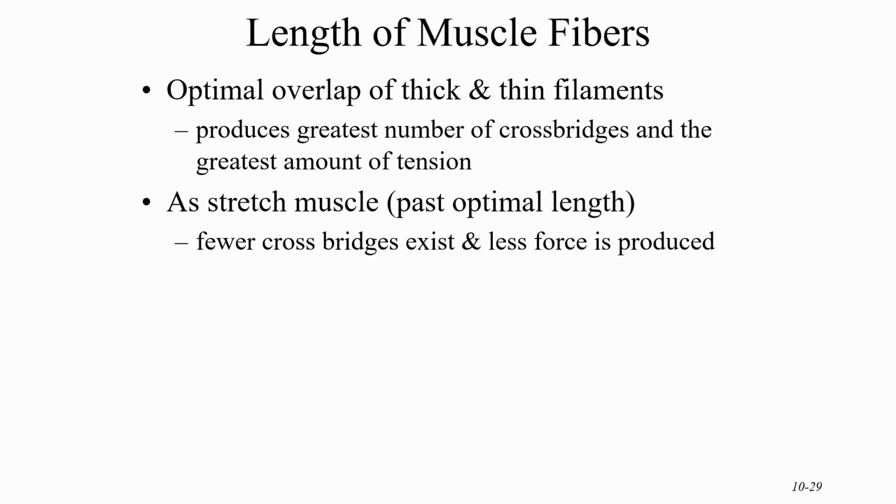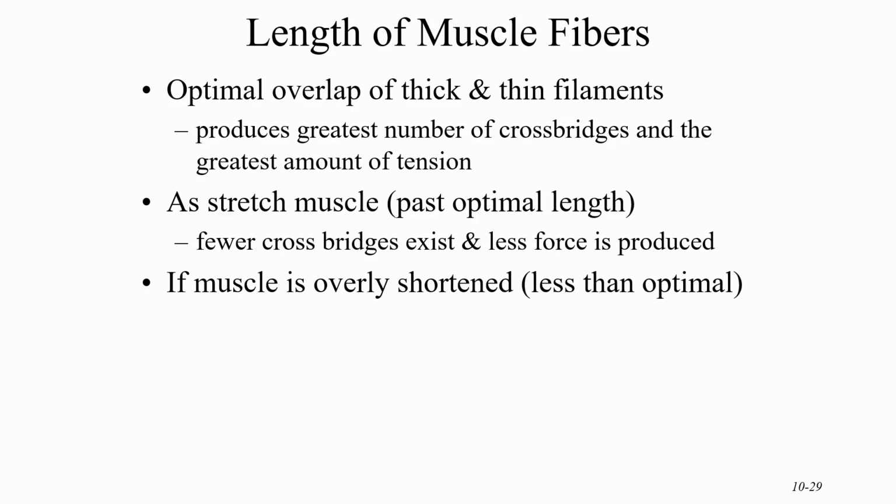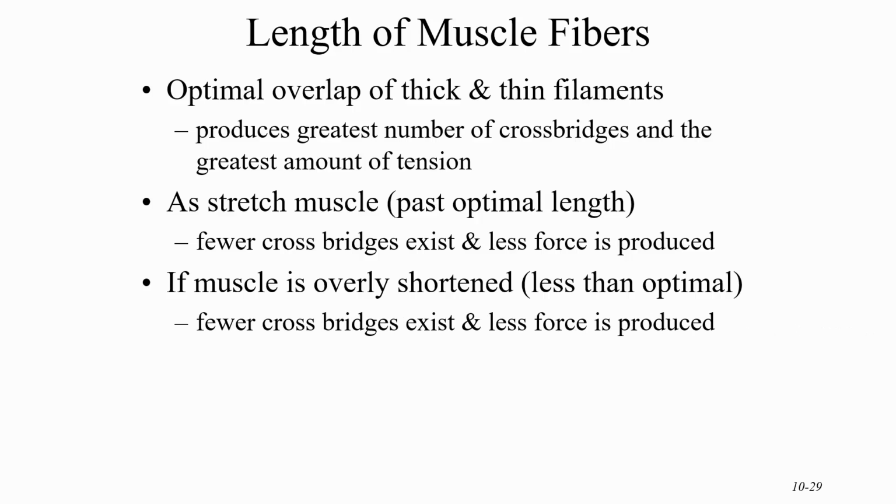Okay? Now, if the muscle is overly shortened, less than optimal, then fewer cross bridges exist and less force is produced. So try that. Bend your arms all the way, and now bend over and try to pick up a chair. Again, it's going to feel very heavy.